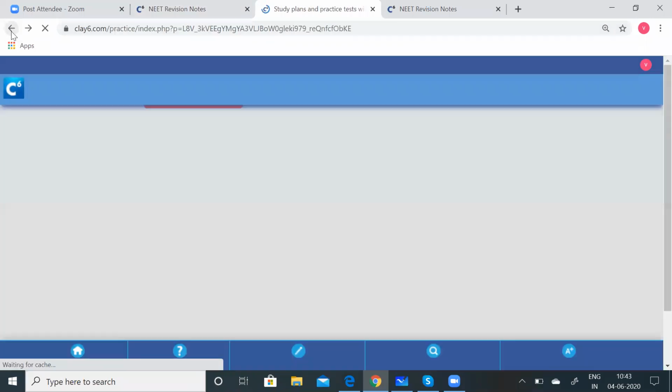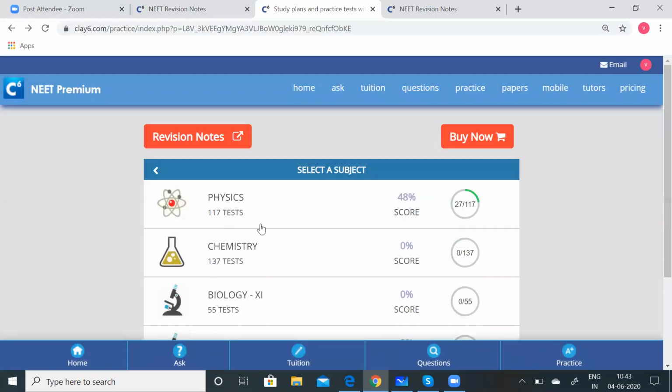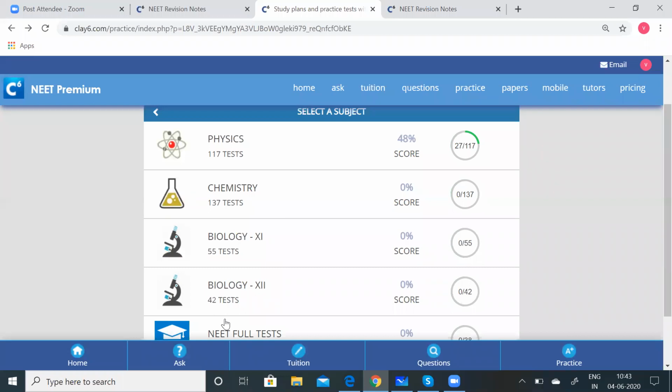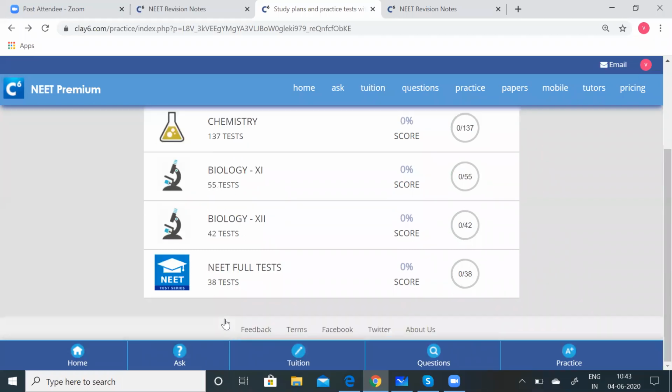Physics alone has 117 tests, chemistry about 137 tests, and biology 55 plus 42, about 97 tests. Apart from this, you have the 38 full tests. You can be 100% sure that by the end of all these practice sessions, you'll be thorough with all the concepts, and you can crack the NEET exam with utmost confidence.